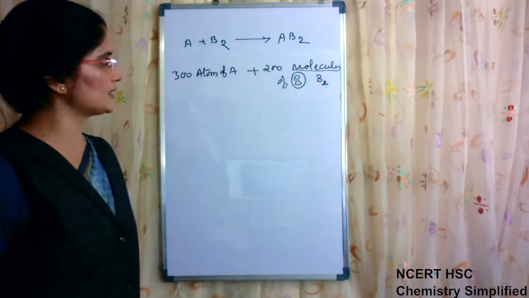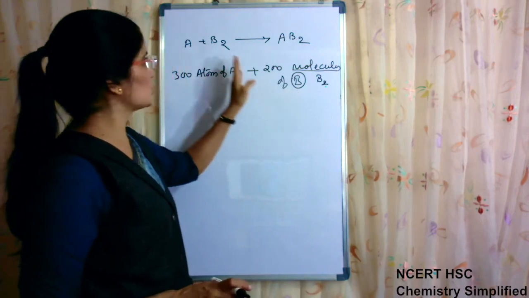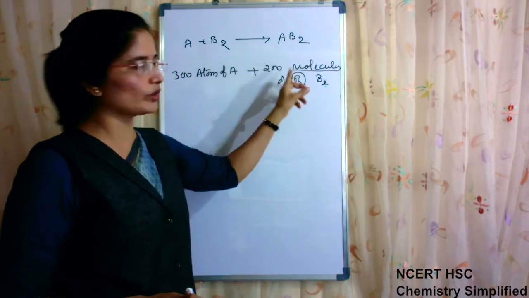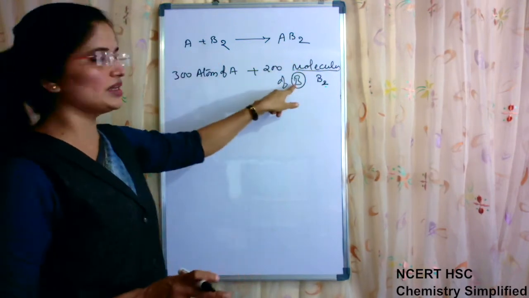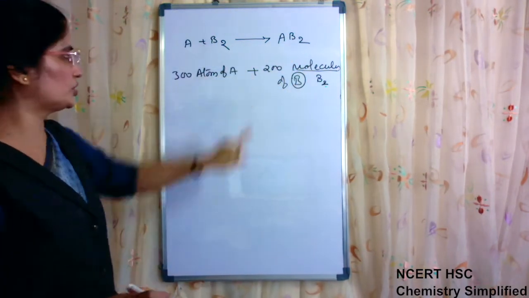Is it clear what I am saying? Here B is written, so don't be confused that you have to double the number, because they have already mentioned the term molecules of B, and molecule means B2.